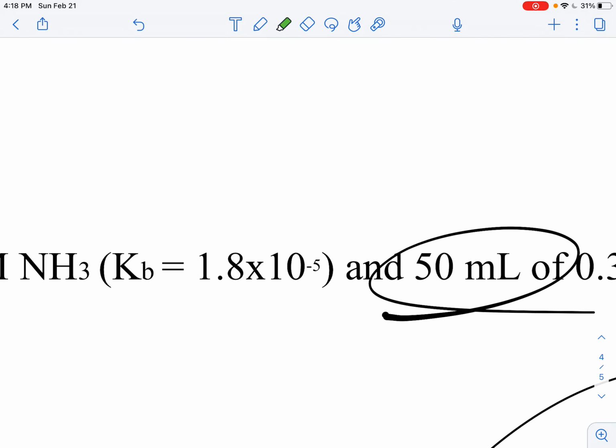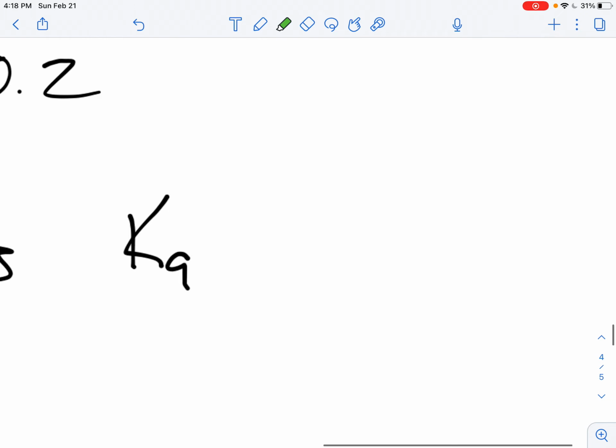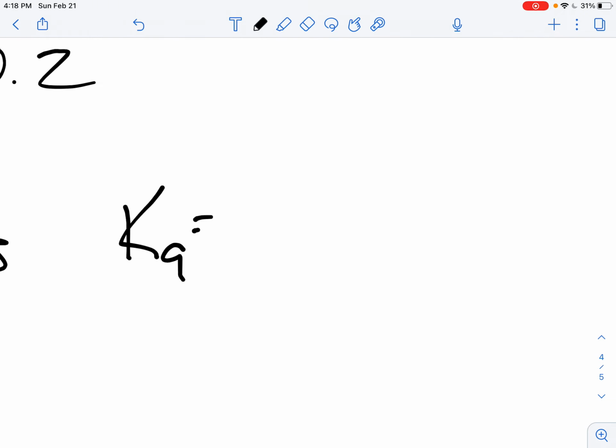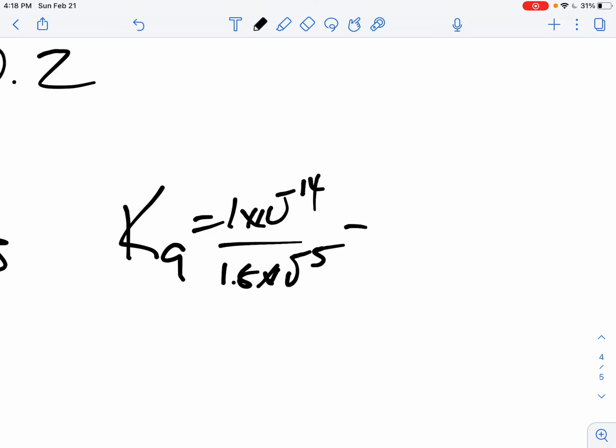They gave you the Kb of NH3. But by giving you the Kb of NH3, they have actually given you the Ka of NH4 positive. So the Ka is going to be equal to 1 times 10 to the negative 14th divided by 1.8 times 10 to the negative 5th, which is 5.56 times 10 to the negative 10th.